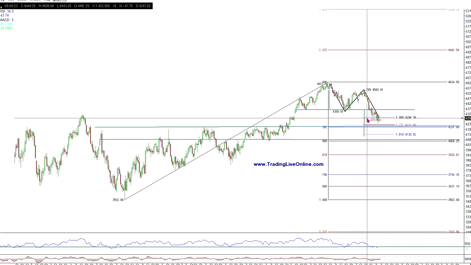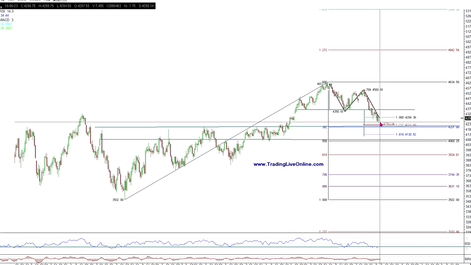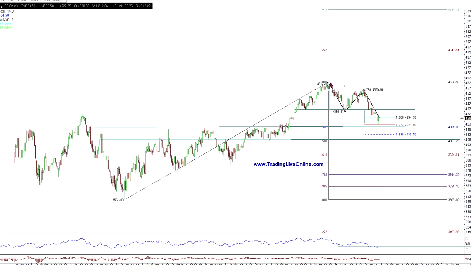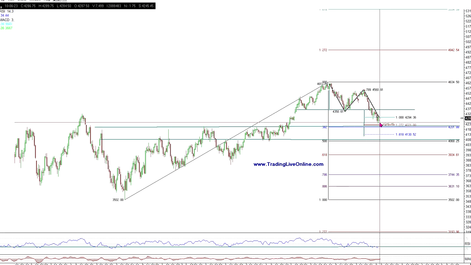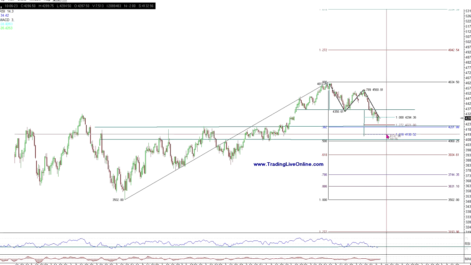Well, this is where the D 1.0 means that on the ABCD pattern, this length and this length are equal. The 1.27 means that the CD leg extends further than the AB leg by the Fibonacci extension ratio 1.27, and the D 1.618, this leg extends further to around that ratio.